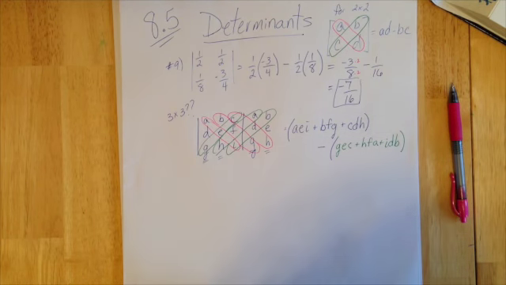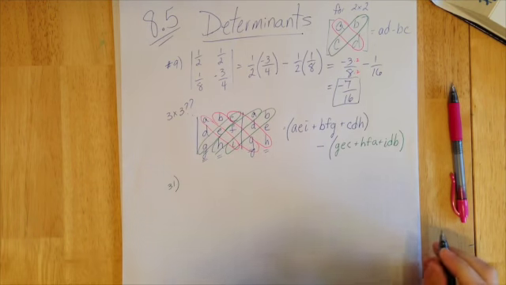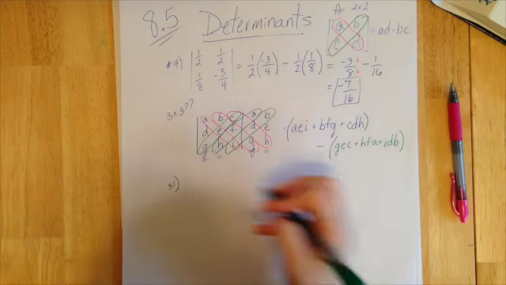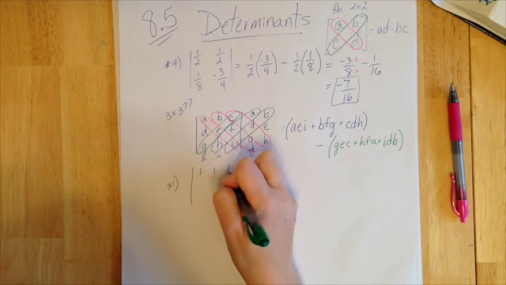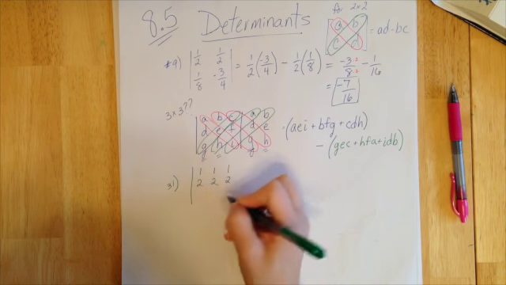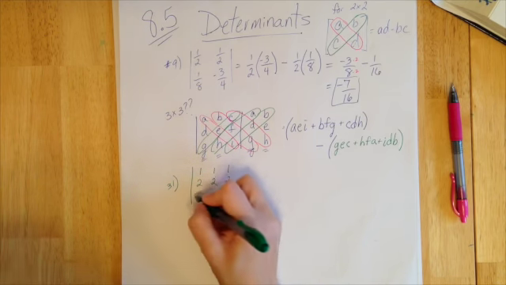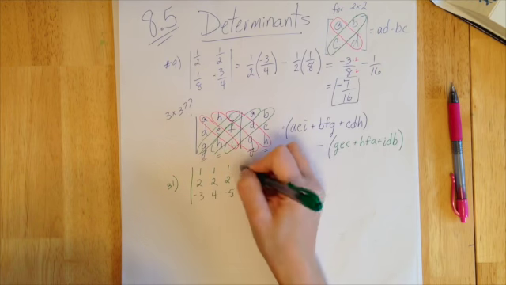So, for example, let's do problem number 31 from the book. So, our matrix is 1, 1, 1, 2, 2, 2, and not what you think, negative 3, 4, negative 5.